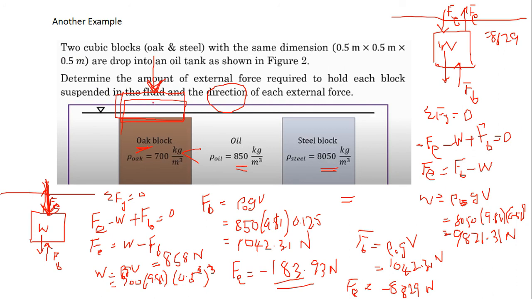So from the question you can already determine whether the external force should go downward or upward. But if you cannot, you can calculate first. Assume whichever direction, calculate and find the value, and from the value you know what direction it should be.